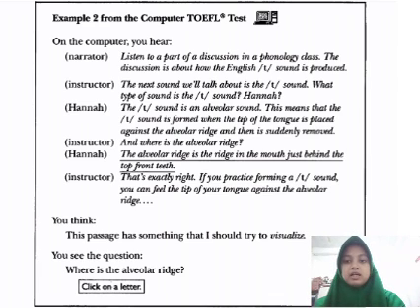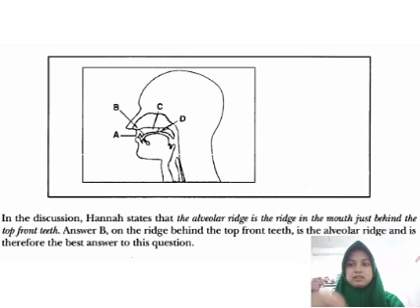Then you will think that this passage has something that I should try to visualize. Then you see the question, where is the alveolar ridge? Then you have this picture with A, B, C, and D. Each of them points at a different place of the mouth.